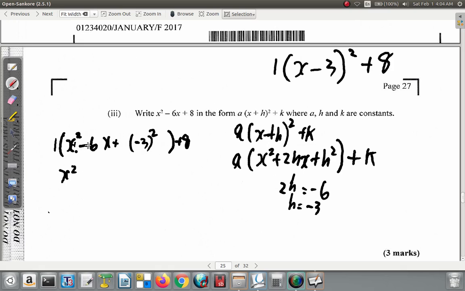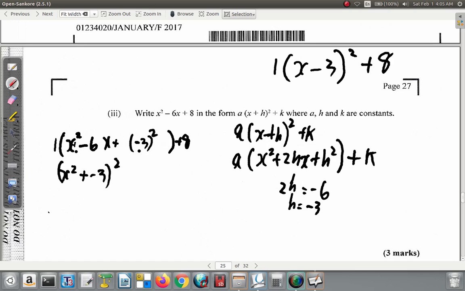This was plus negative 2h, which is negative 6, times x, plus negative 3 squared, half of 2h, squared. So we have x plus negative 3 squared. Now, the thing I forgot to do the first time was this.